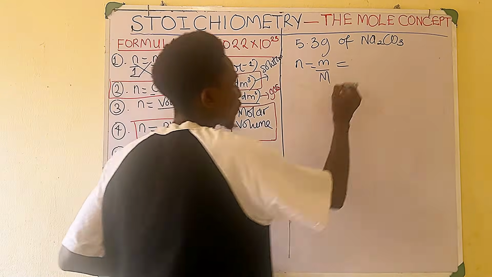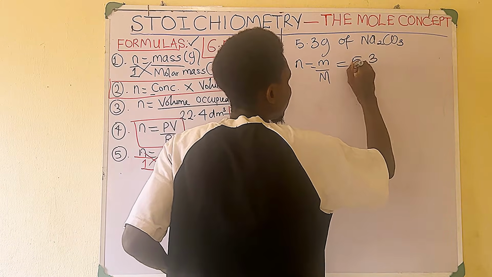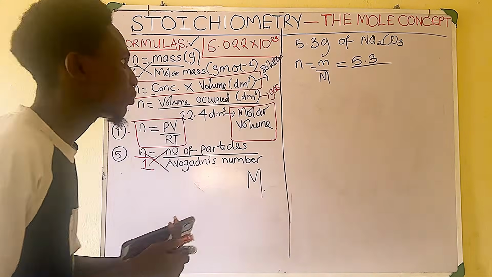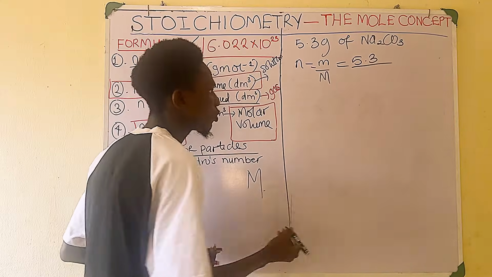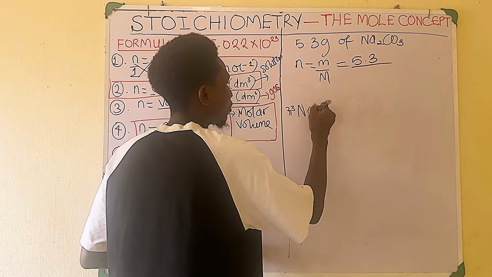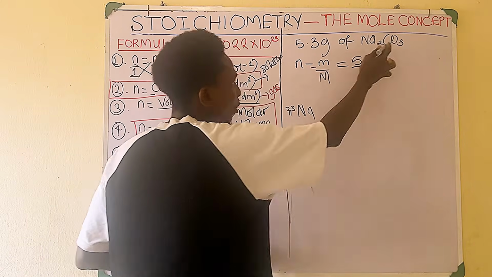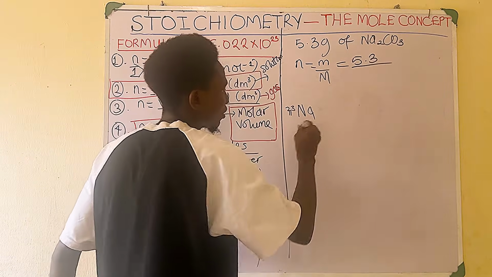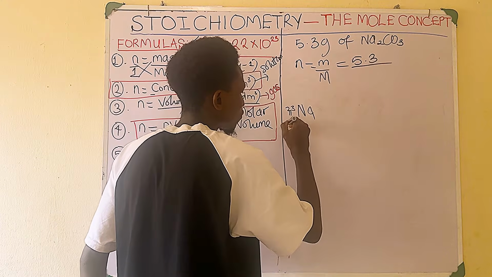So the mass of the compound is 5.3. But the molar mass now, we have to look for the molar mass by ourselves. So sodium is what? I told you guys that sodium is 11 and 23. So it means that sodium is 23. Carbon is 6 and 12.